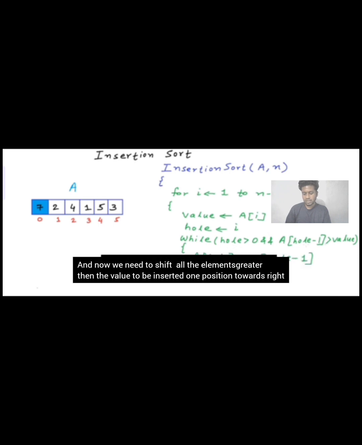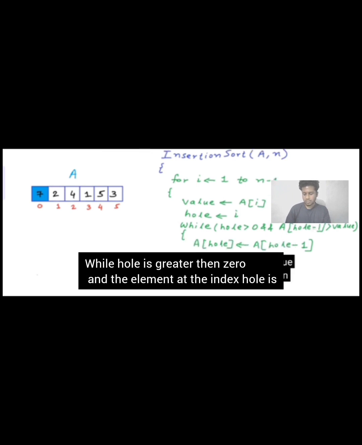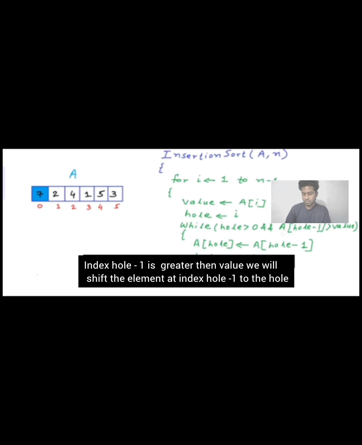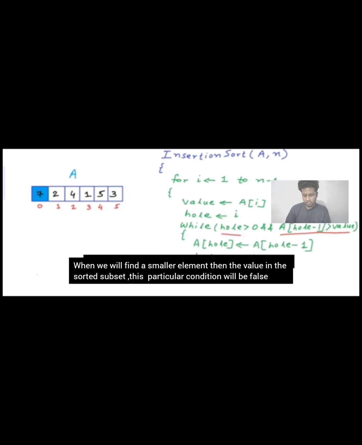Now we need to shift all the elements greater than the value to be inserted one position to the right, while hole is greater than 0 and the element at index hole-1 is greater than value. We will shift the element at index hole-1 to the hole. So now our new hole will be index hole-1.